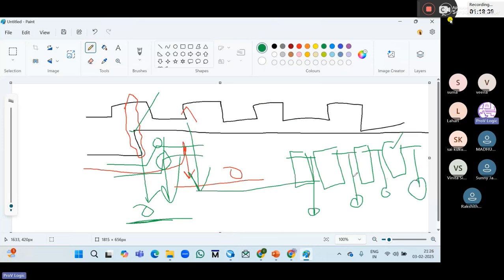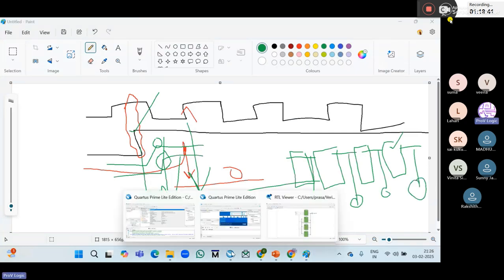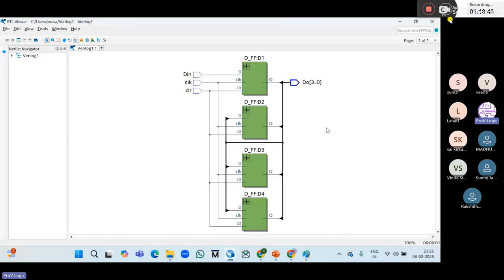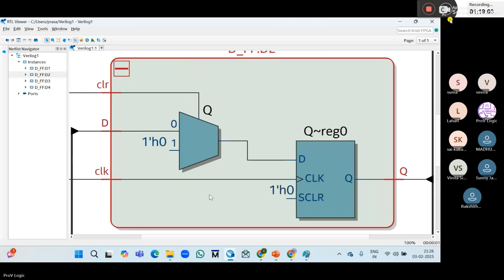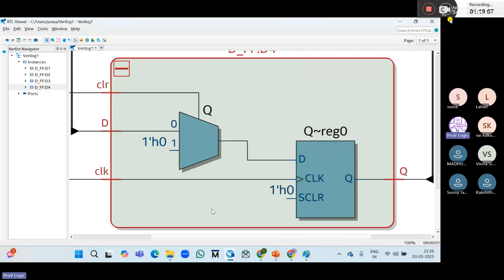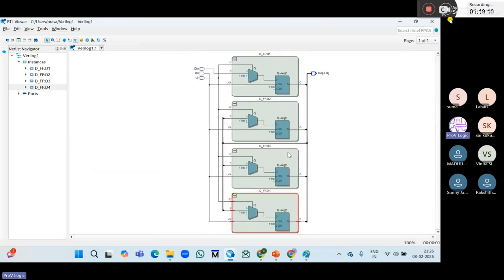To observe the output, we need to do the simulation. This is just synthesis. See here, these are the flip-flops. 4 flip-flops.